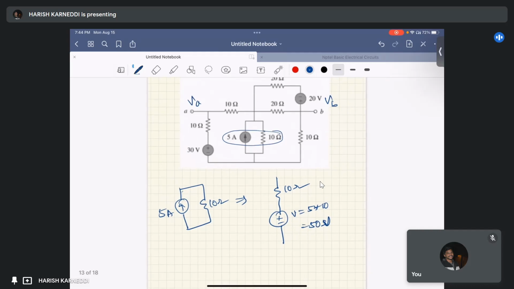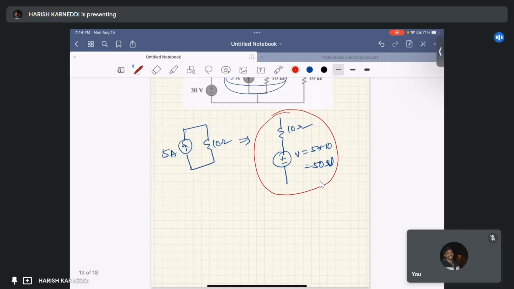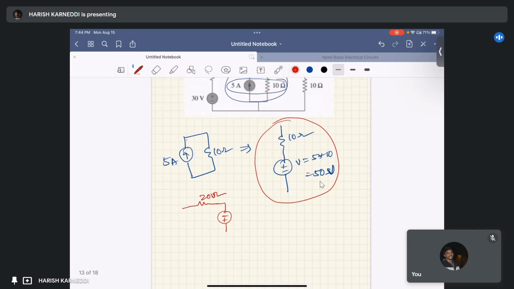So this arm can be replaced with this one, right? That is 10 ohm resistance in series with 50 volts. And similarly, this I am going to transform, the 20 volts in series with 20 ohm, that looks like this, right?